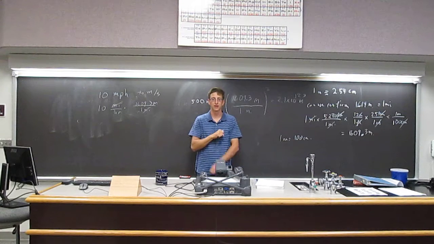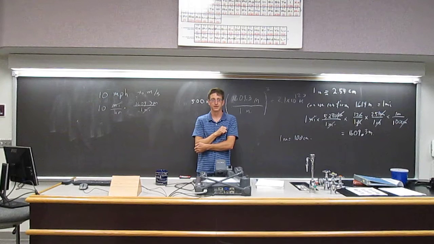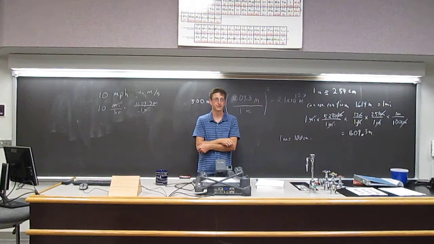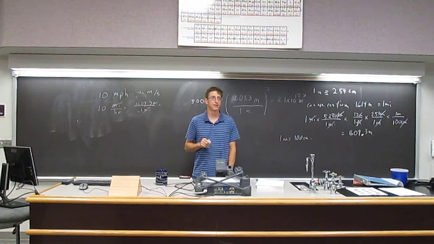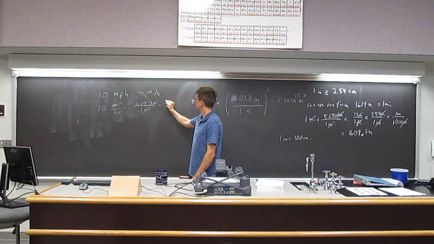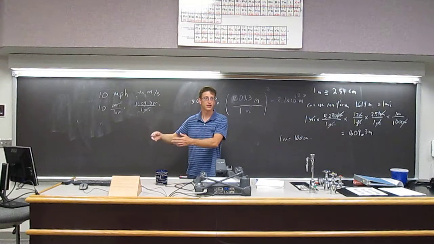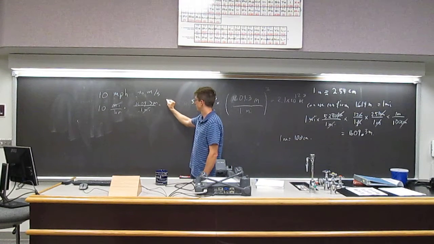What should I do now? Hours to seconds. Yeah, 3,600 seconds to an hour. That's right, there's 3,600 seconds in an hour, or 60 seconds a minute, 60 minutes an hour.